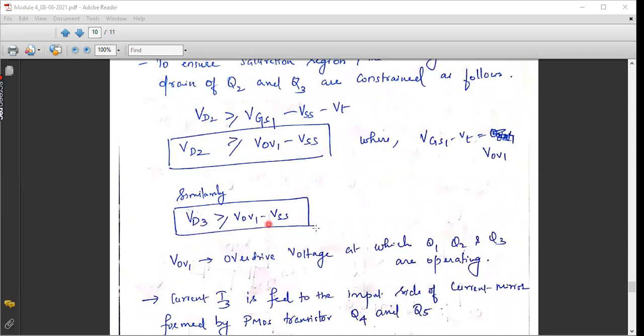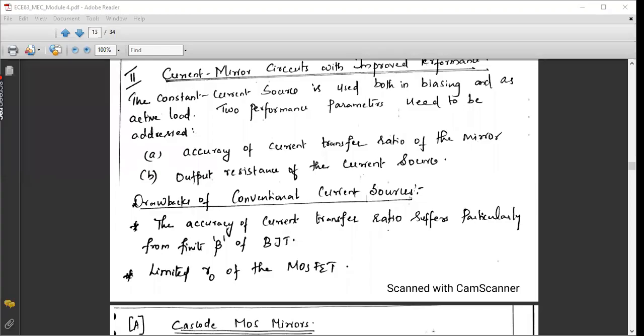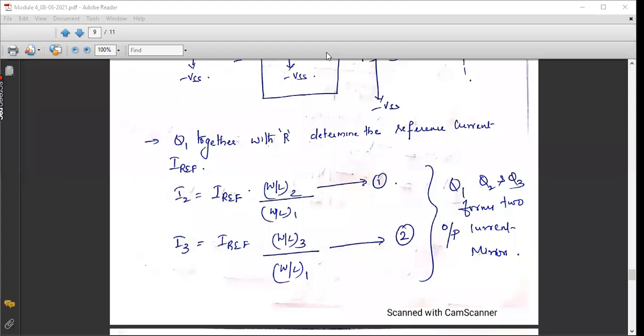Any doubts till this point? So what you need to do is write the expressions for I2 and I3 in terms of I reference.